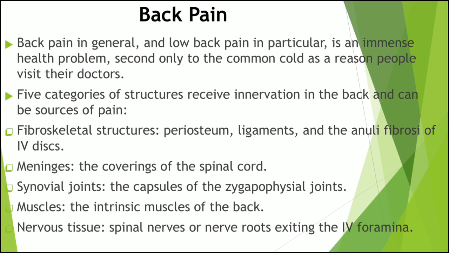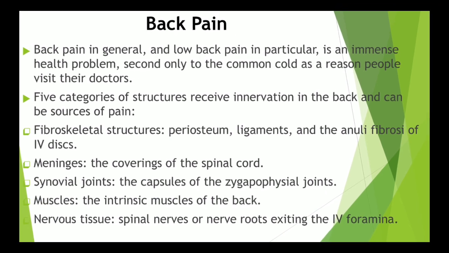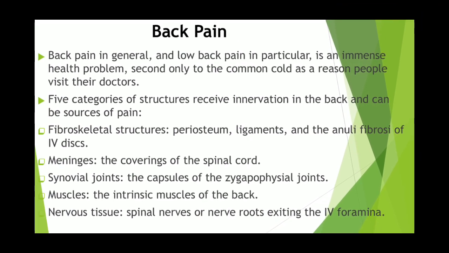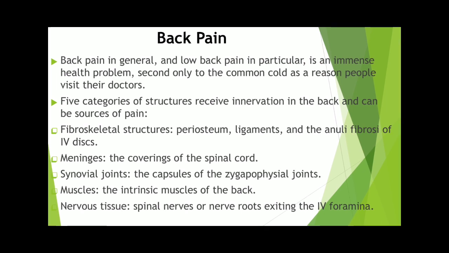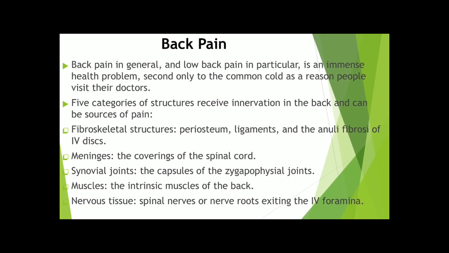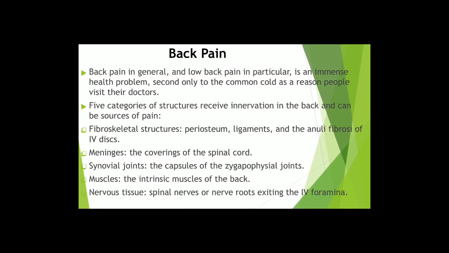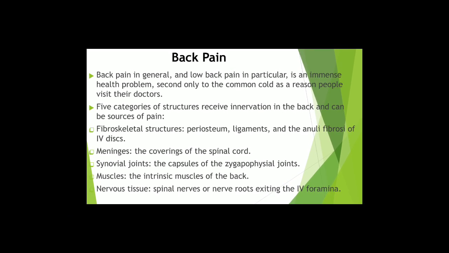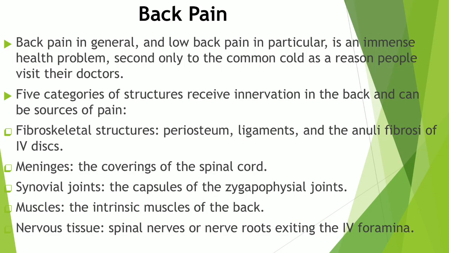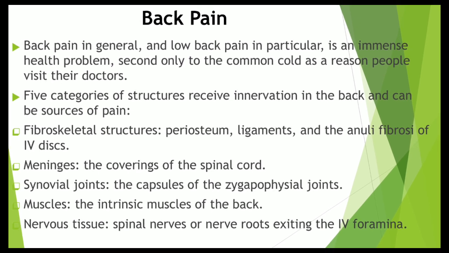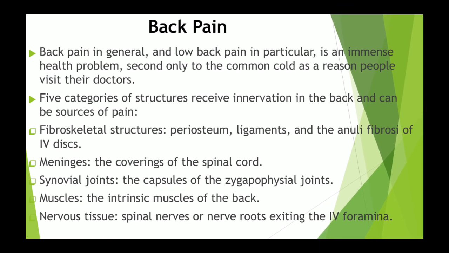The fibroskeletal structures are periosteum, ligaments, and the anuli fibrosi of intervertebral disc. The second structures are meninges, that's the coverings of the spinal cord. 3 is synovial joints, the capsules of the zygapophysial joints. 4, muscles, the intrinsic muscles of the back. 5, nerve tissue.